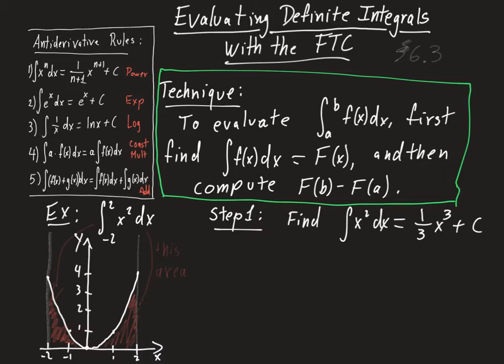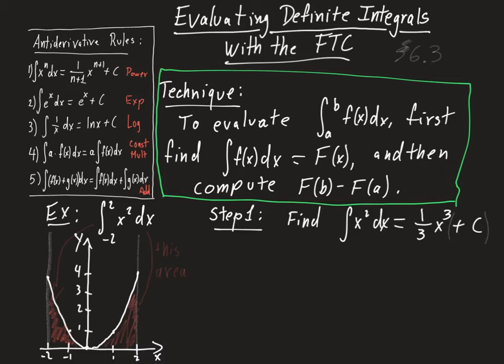And this plus c this time, and every time we're doing definite integrals, this plus c is not actually that important. So it turns out that at the very next step, in step 2, no matter what this plus c is, it's going to go away because it's going to cancel out with itself.